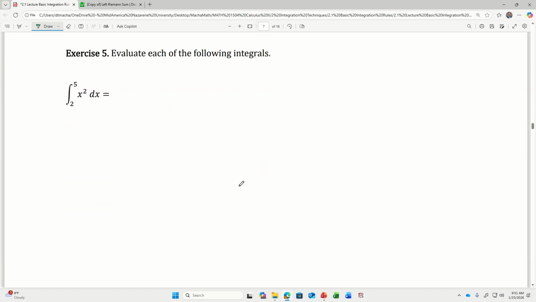But just as a little reminder, if I have an integral from 2 to 5 of x squared, we are going to say, okay, my original function is x squared. What's the antiderivative of x squared? 1/3 x cubed. Yeah, that's one we even talked about earlier. Potentially plus a constant, right?